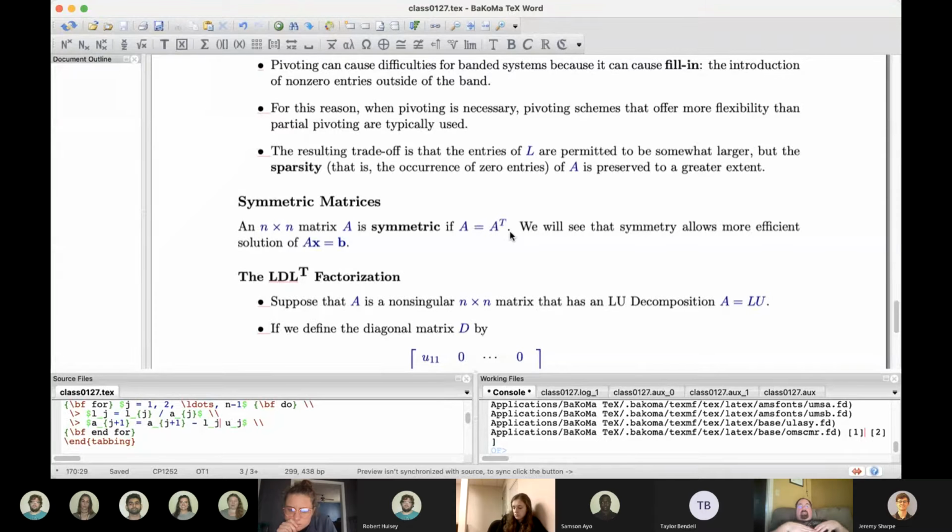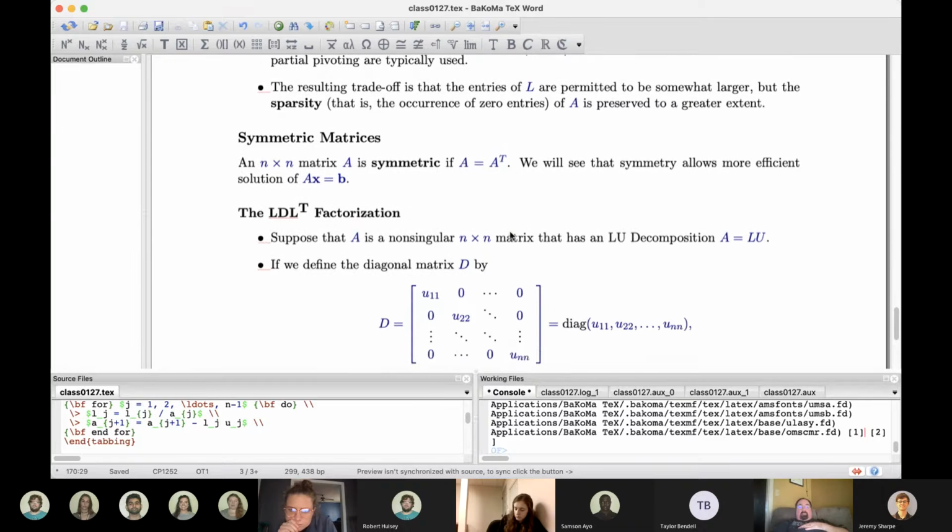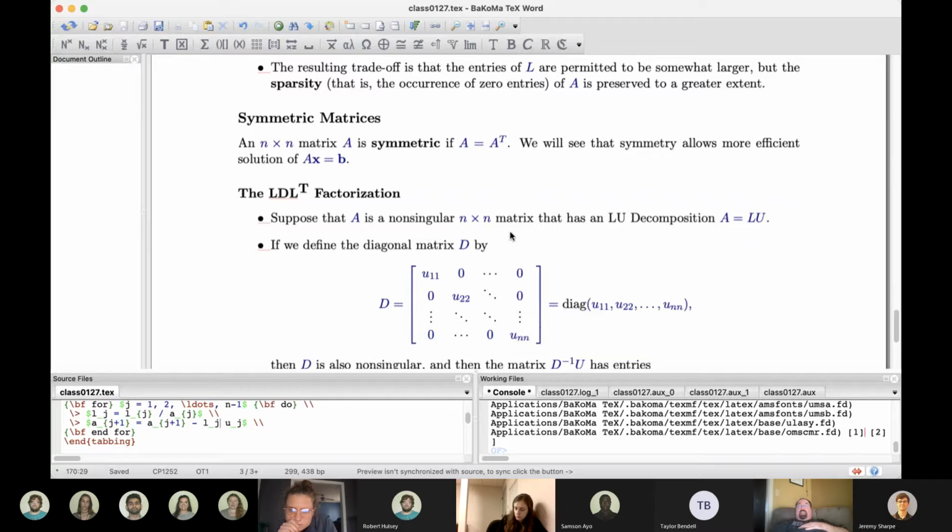And it turns out that when a matrix is symmetric, it's possible to, again, solve Ax equals b more efficiently than in the general case. So there are a couple of factorizations that I want to tell you about for the symmetric case. The first one is called the LDLT. Well, technically LDL transpose, but people often just say LDLT.